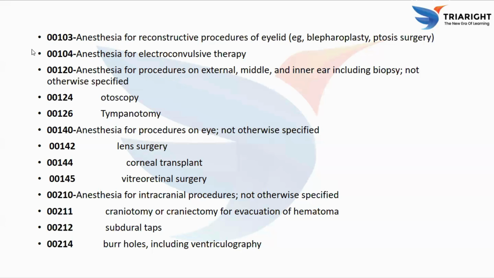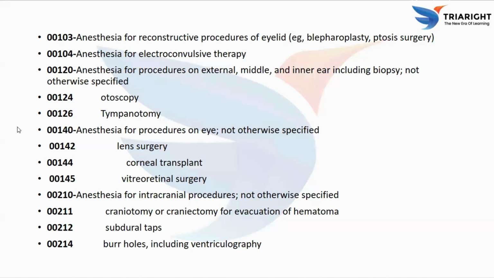And next are ear-related anesthesia codes. 00120 is for ear procedures, generally used for external ear, middle ear, inner ear as well as ear biopsy when no specific ear code fits. And next is 00124 for otoscopy. Otoscopy is used for examination of the ear canal and eardrum under anesthesia. 00126 is tympanotomy.